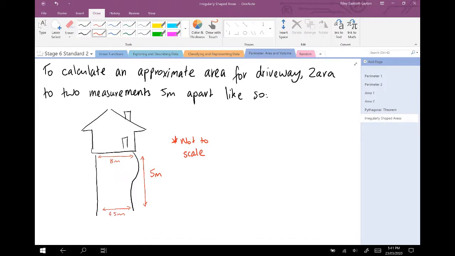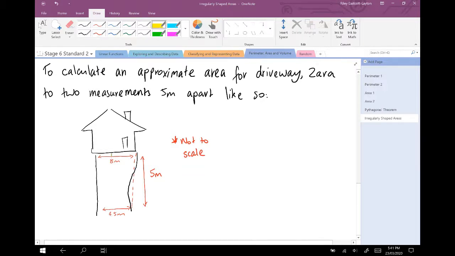Now our trapezium is going to go from this corner straight out. So now we actually have a trapezium. It's going to come across like so.